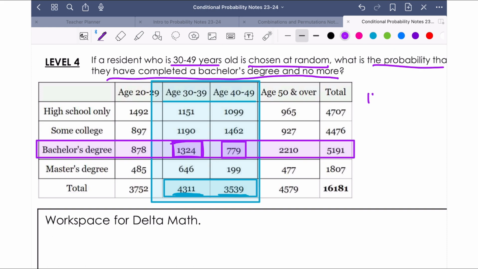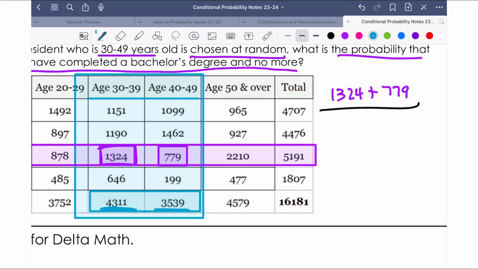So let's do that. 1324 plus 779 out of, what are the 2 totals right here? 4311 and 3539. Okay, everybody make sure you understand why I'm adding. They wanted me to look at the ages of 30 to 49, and so that includes 2 different categories. So that's why we have to add both. Okay.